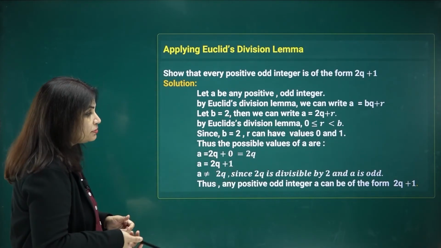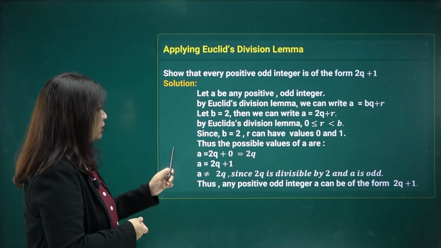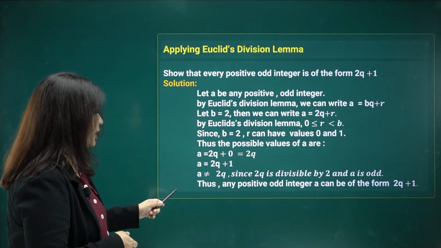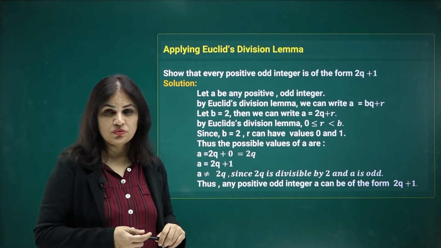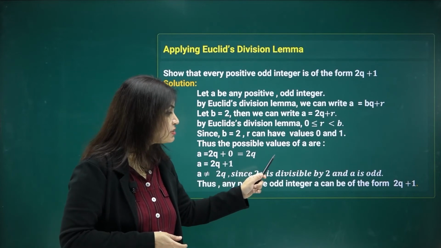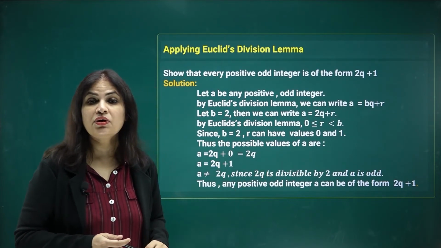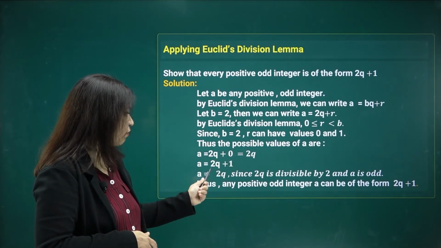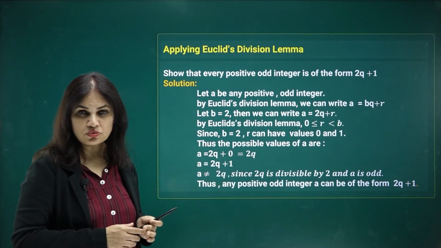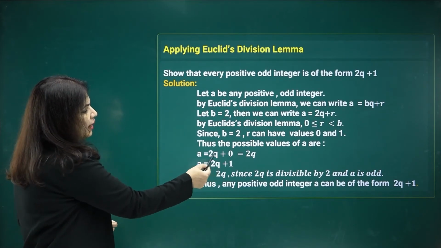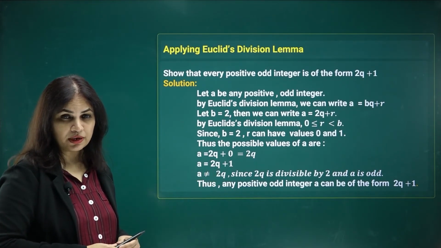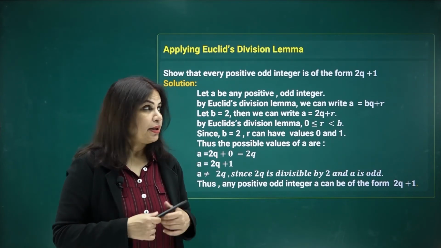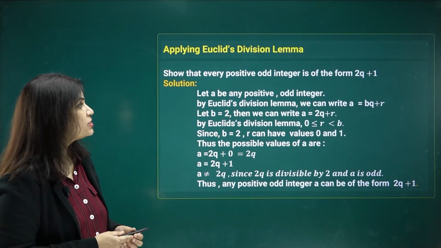So the two possible values of A will be 2q plus 0 or 2q plus 1. A is not equal to 2q since 2q is divisible by 2 and A is an odd number. So we let go of this option, and the other option left is 2q plus 1. Thus, any positive odd integer can be represented in the form of 2q plus 1.